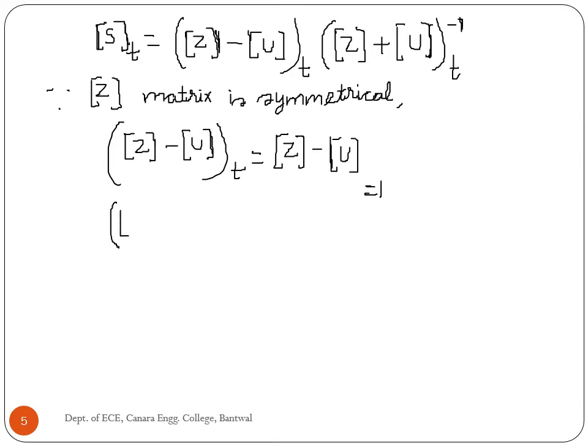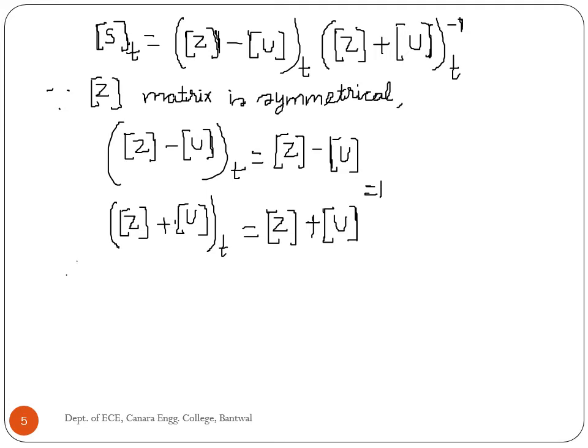Similarly, the transpose of (Z plus unity matrix) is equal to (Z matrix plus unity matrix).